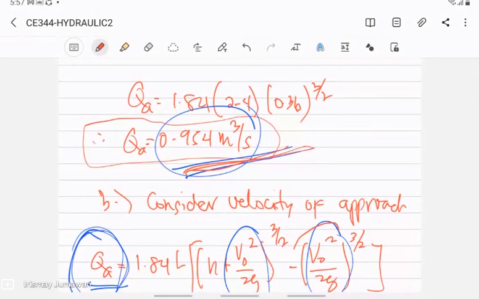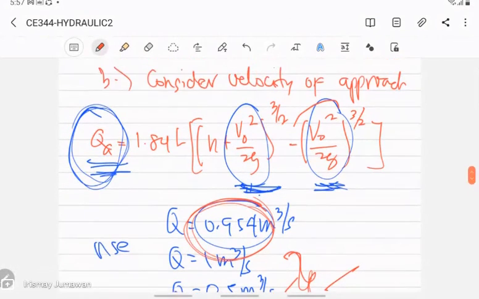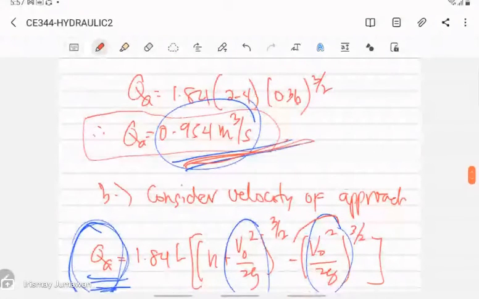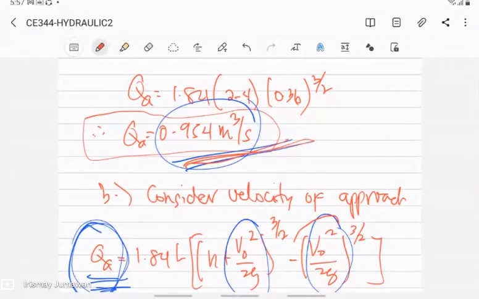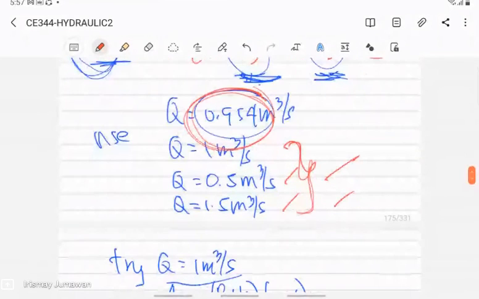From that, you can assume the value for your trial Q. So again, you can use 0.954 for your trial value in that case. Okay, but in my solution, I tried 1 cubic meter per second.